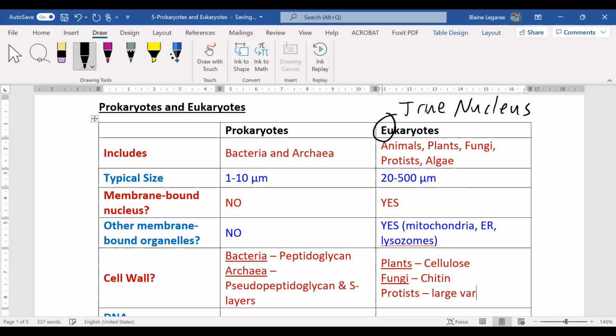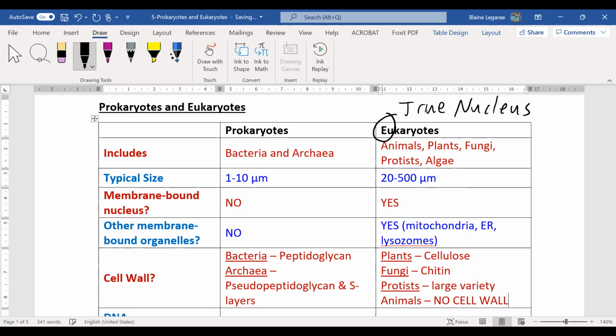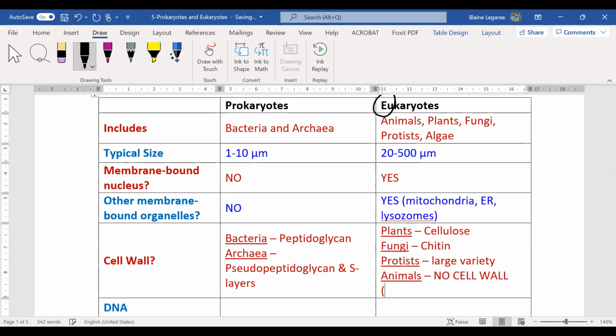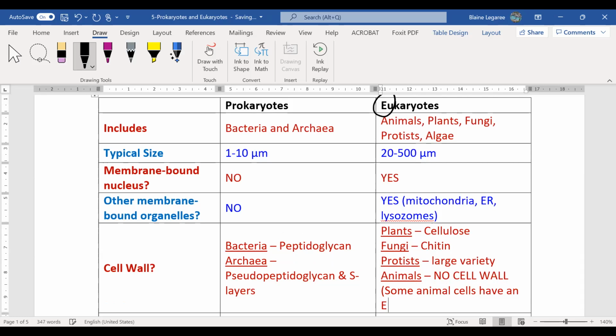Some of them don't have a cell wall. Some of them have weird things. Some of them have cellulose. Some of them have unique carbohydrates. So we're not going to get into all the protists. But what about animals? Remember, the animals have no cell wall, but you could put in your disclaimer that some animal cells have an extracellular matrix.